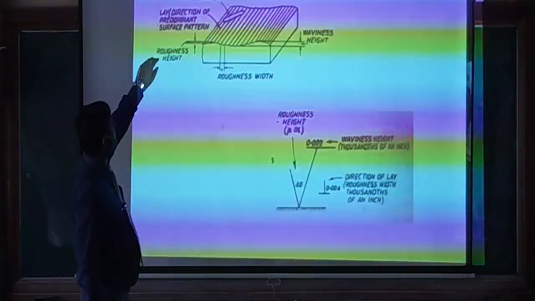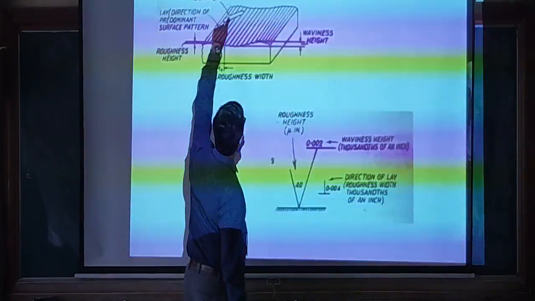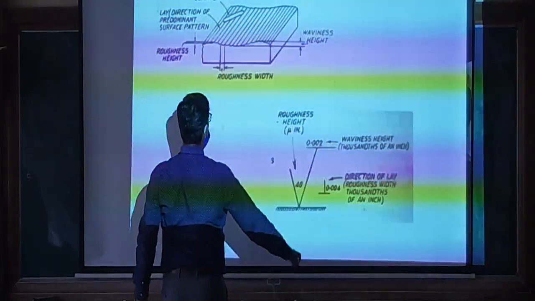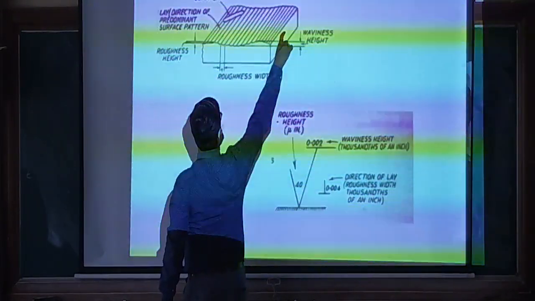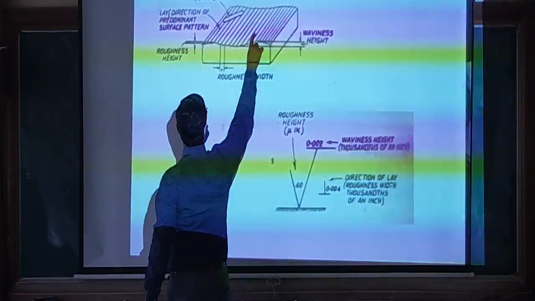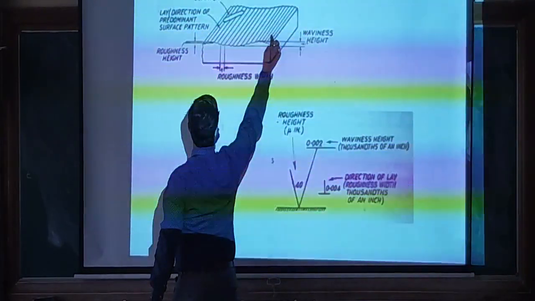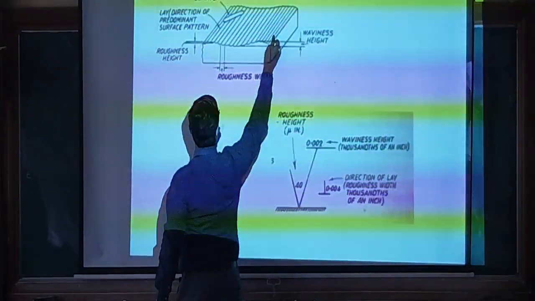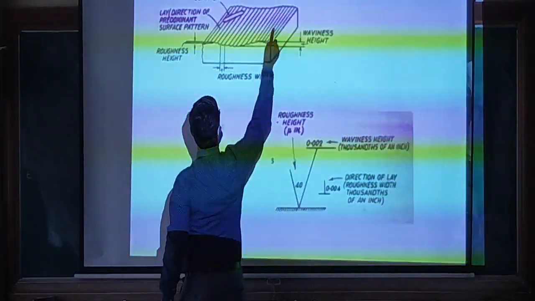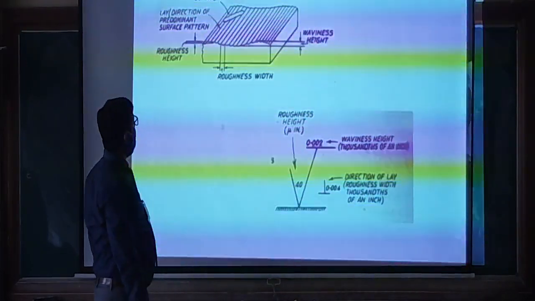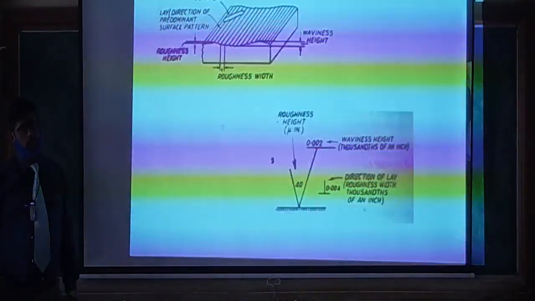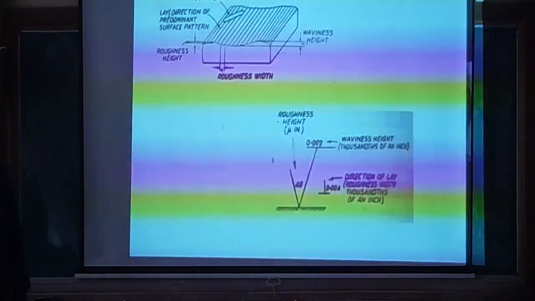Here the direction of the lay is in the y direction, but whenever we take the reading, we have to take it like this. This is the length to be measured, and it should be perpendicular with respect to the direction of the predominant surface pattern, or lay.